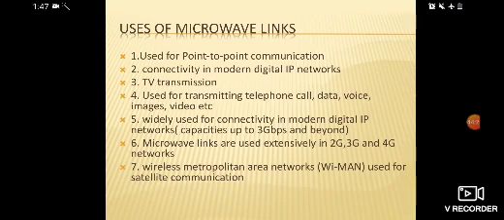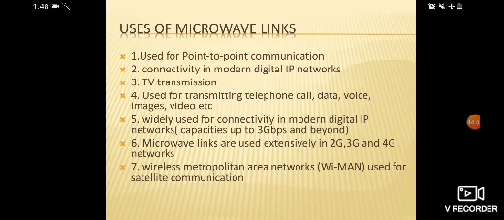They are mainly used for connectivity in modern digital IP networks, capable of 3 Gbps and beyond. These microwave links are mainly used in 2G, 3G and 4G networks, and in modern life they are used with 5G networks also.